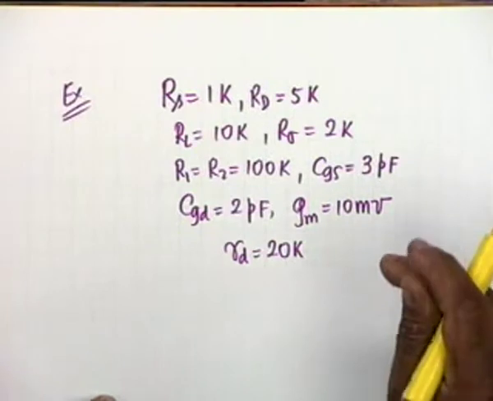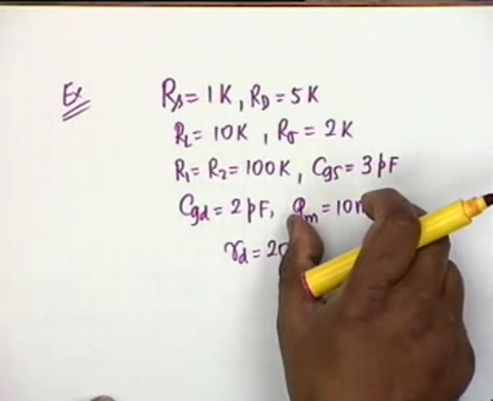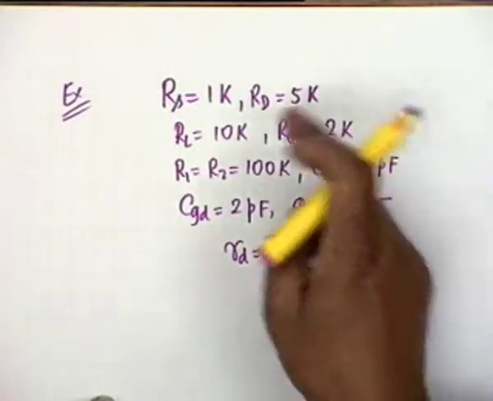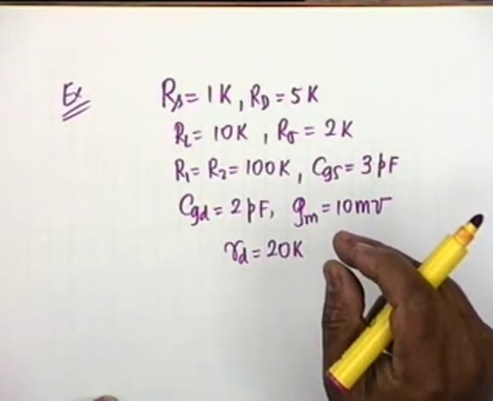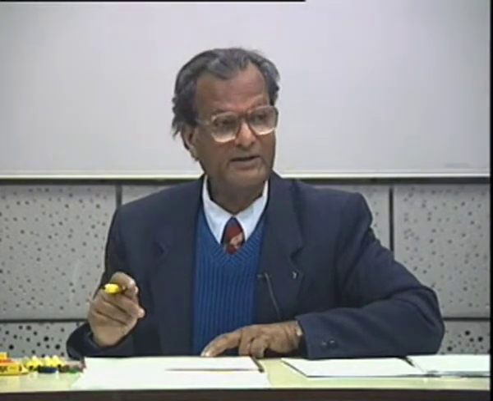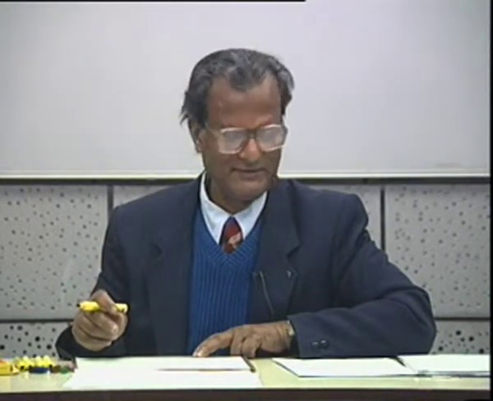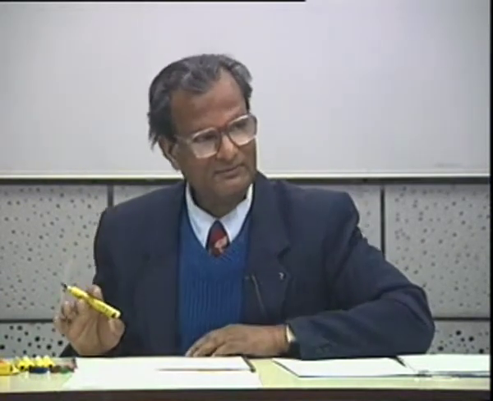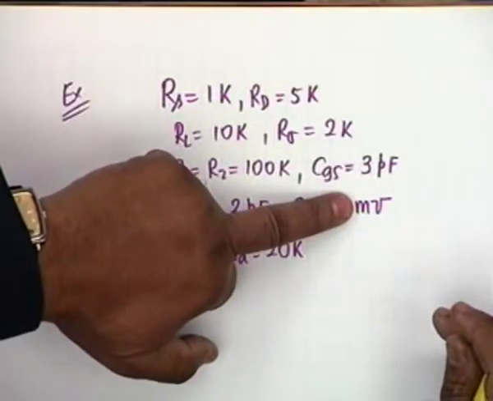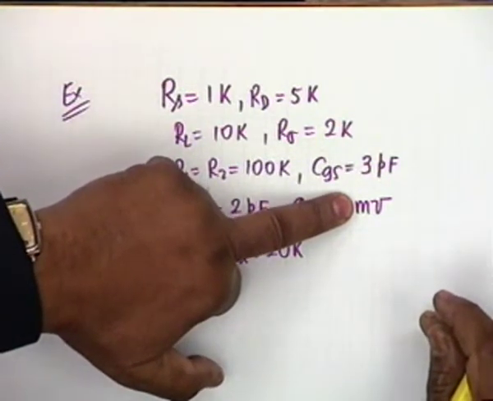Suppose GM was not given, could you calculate GM from this data? What do you need? ID. Who is going to give you ID? IDSS. And what else? VDD would have been needed, isn't that right? We have not given that because all the parameters are given. Agreed? VP also, that is correct. If GM was not given, then you ask for 3 more data.